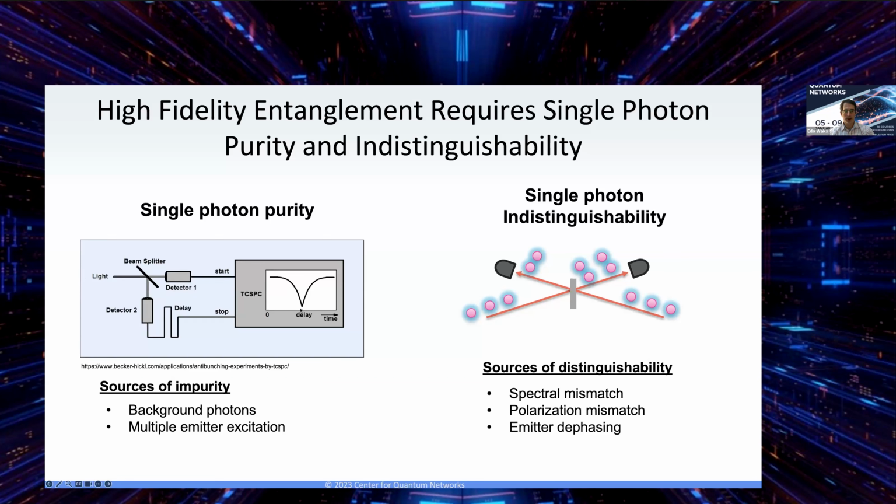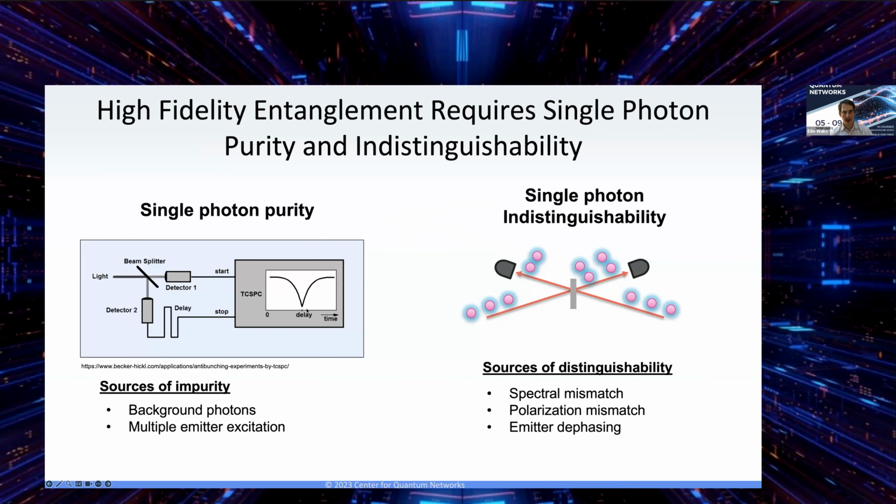You will basically get a zero probability of getting two detections at the same time. As you change the delay, the probability will start to increase because there's some probability that the source emitted a photon and then got re-excited sometime later. But what we want from a good pure source is that this drops to almost zero.